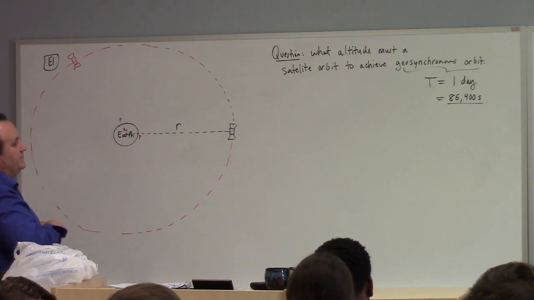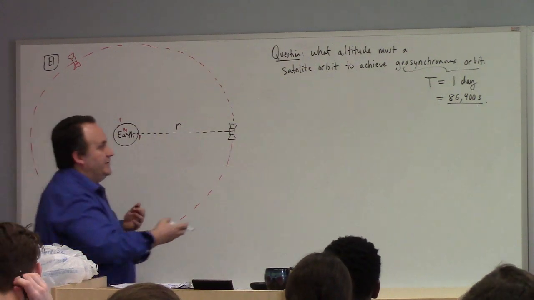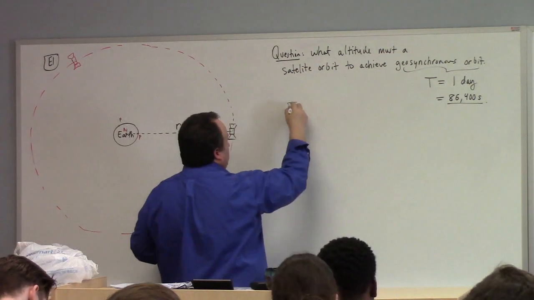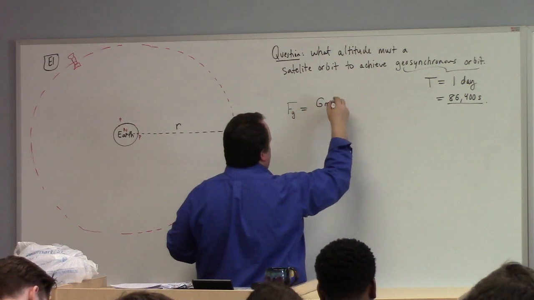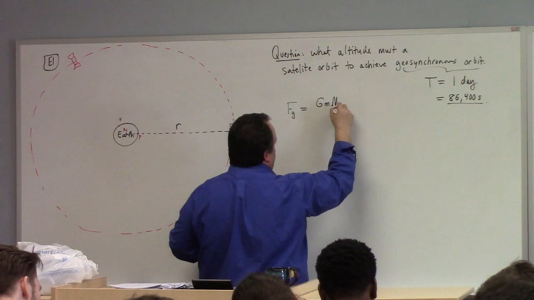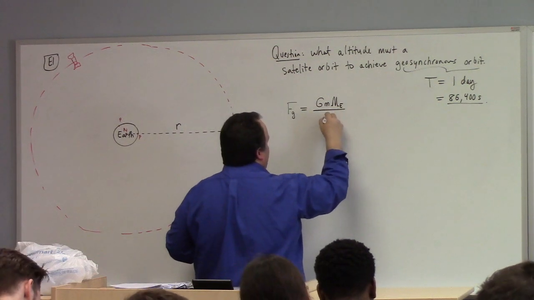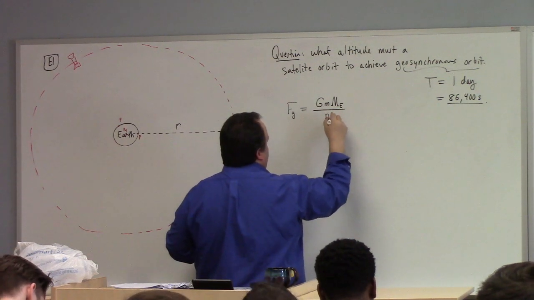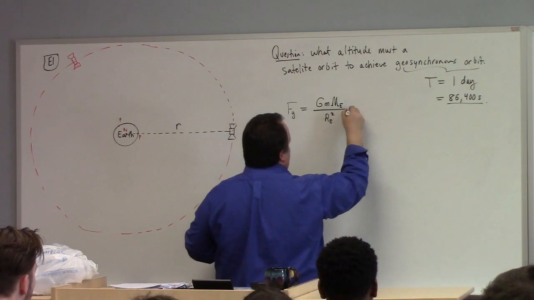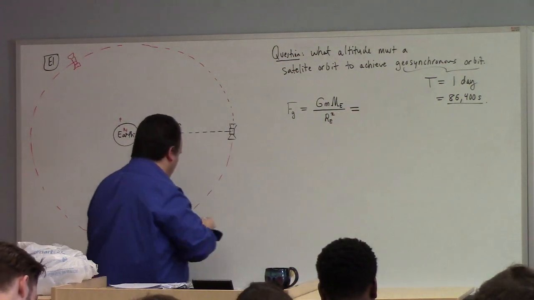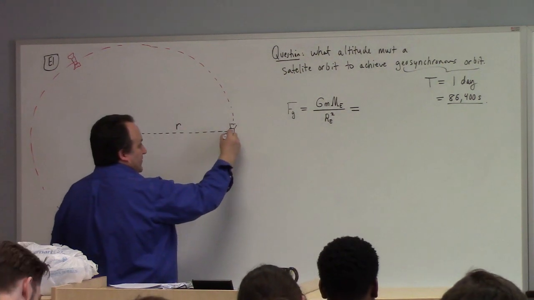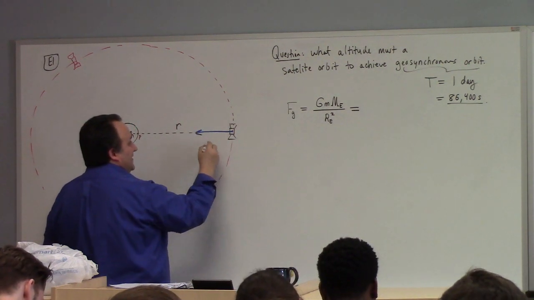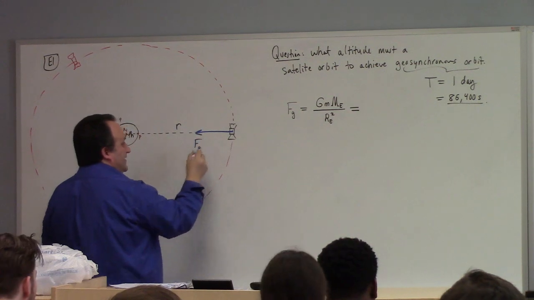Now what keeps the satellite in geosynchronous orbit is that the force of gravity, which is G times the mass of the satellite times the mass of the Earth, divided by the radius squared. That's the force of gravity here. It's center seeking. If I was to draw a free-body diagram, it's really kind of boring. It's just this, that force of gravity, center seeking.